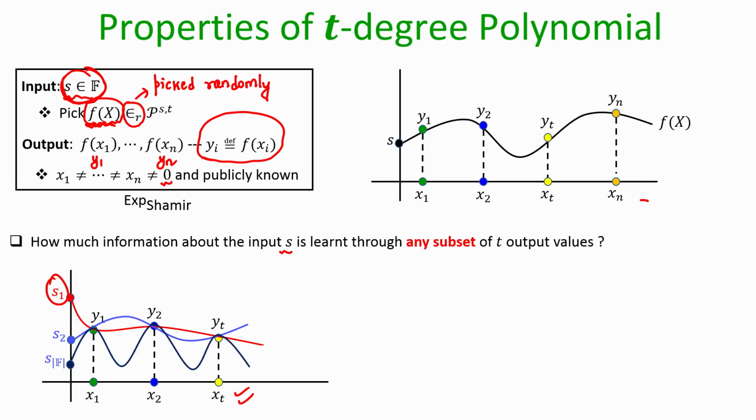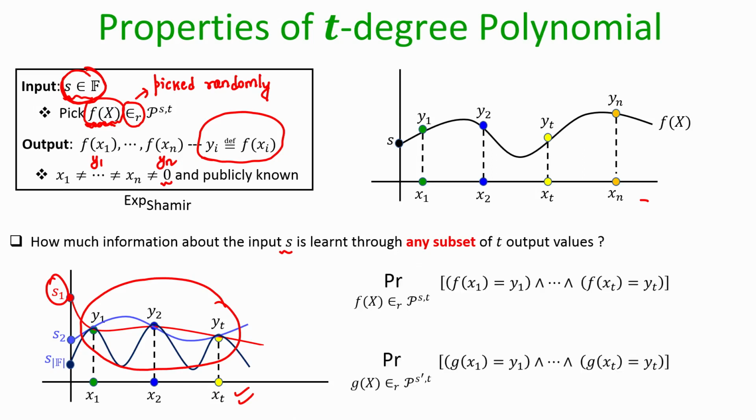Or it could be that my input was the third element from the field, because I have chosen a t degree polynomial whose constant term was the third element from the field, and so on. So, just based on the knowledge of t output values from this experiment, you cannot pinpoint what was the curve that I had chosen, and hence from your viewpoint my input in the experiment could be any element from the field.